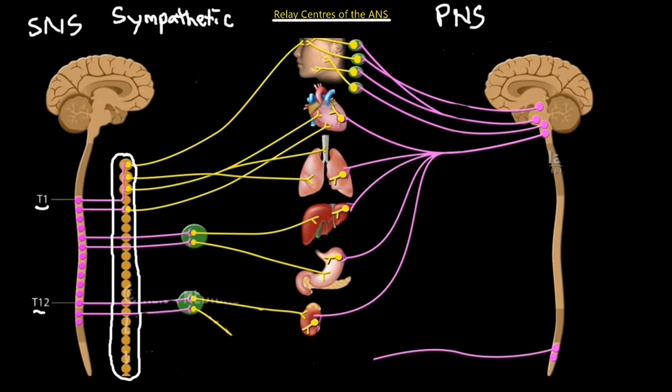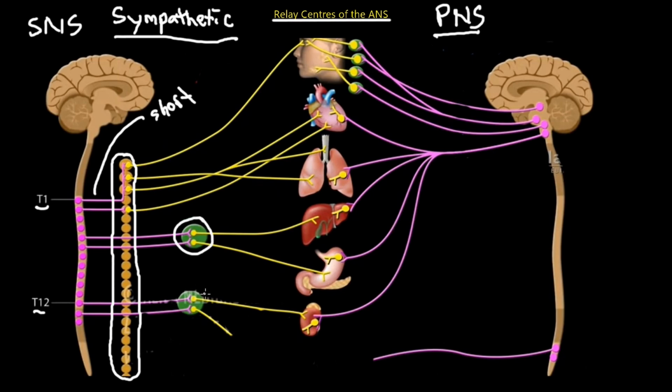So as you can see, the preganglionic neurons are going to be quite short compared to the parasympathetic nervous system, because in the parasympathetic system the fibers go directly to the organs, or very close to the organs, where they synapse. However, in the sympathetic nervous system, these sympathetic chain ganglia are much closer, which makes the preganglionic fibers much shorter. So they're going to be short, but they will have long postganglionic fibers.